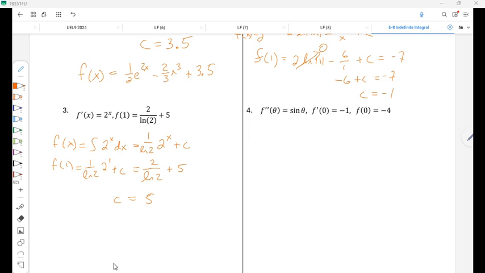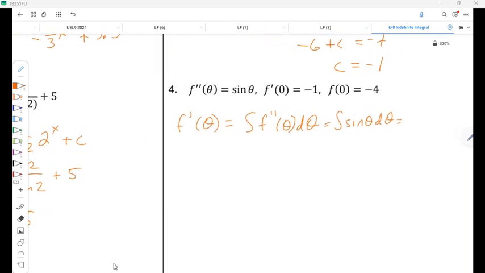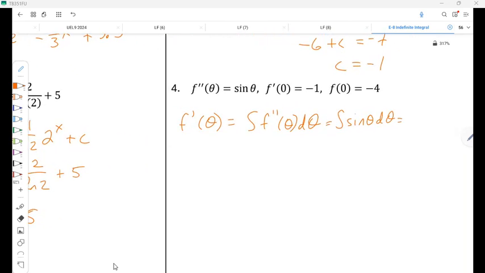So looking at this for f double prime, we'll recover f prime of theta by integrating f double prime of theta d theta. I'll actually write that out this time. And theta is just taking the place of x, which means we'll integrate sine of theta d theta. The integral of sine is negative cosine.